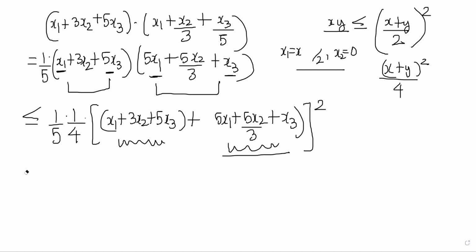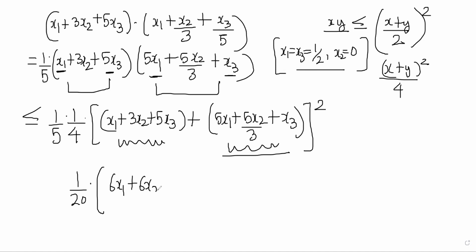So x1 is equal to x3 is half and x2 is 0. This is when the two quantities inside the bracket are matching. So what is the expression here? 1/20. Inside the bracket, we have 6x1 + 6x3 + (3 + 5/3), so that is 14/3 x2, whole square.